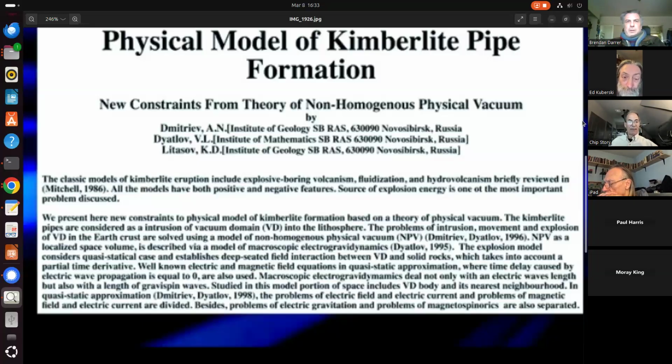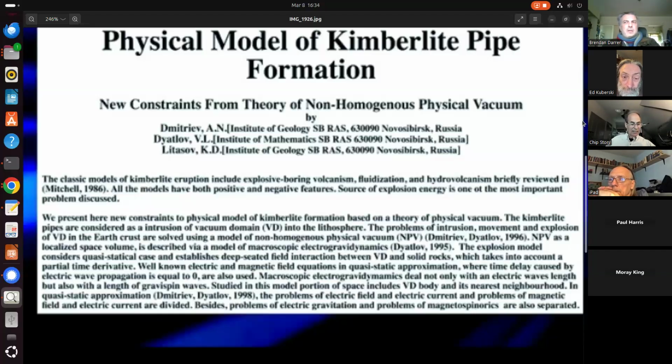Well-known electric and magnetic field equations in quasi-static approximation, where time delay caused by electric wave propagation is equal to 0, are also used. Macroscopic electrogravidynamics deal not only with the electric wave's length, but also with the length of the gravispin waves. Studying in this model, the portion of space includes the VD body and its nearest neighborhood.